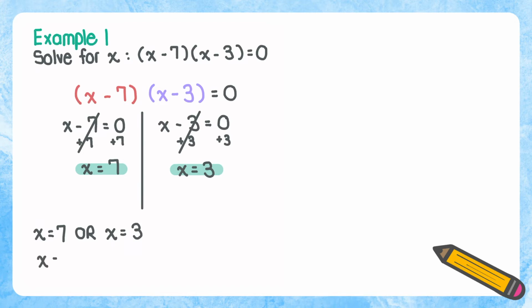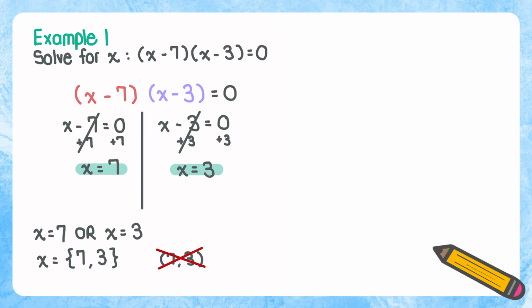Sometimes you might write it like this: x equals, and then a bracket, 7 comma 3. The stuff in the bracket is all the potential solutions of x. One thing to make sure of if you're writing it like this is to not use parentheses. Using parentheses makes it into a coordinate, and that's not what we're going for.